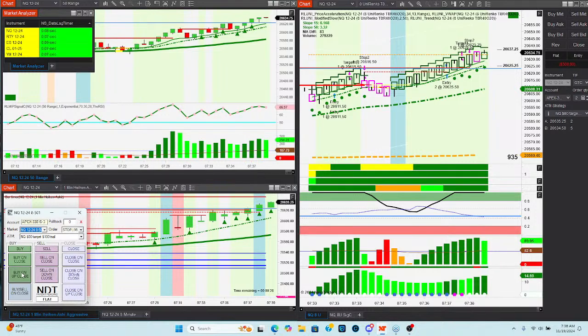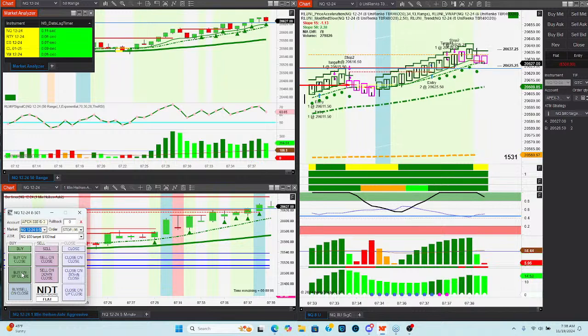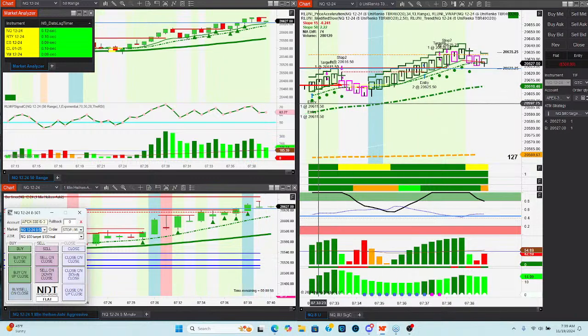Okay, looks like it's riding it. Son of a gun. Okay. Maybe it would have been a first target. Got to watch out with that open. That can be a stickler right there.